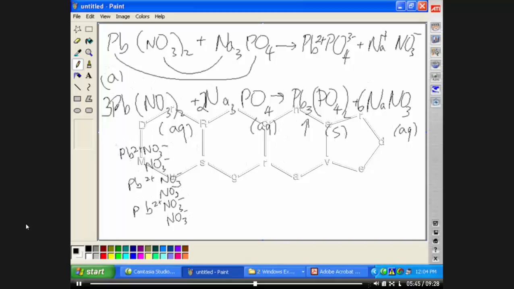We've got 3 of these entire things here. So if I was to see how that splits up into ions, that would split up into 3 Pb2+, see, 1, 2, 3, and 6 nitrates. That's 1, 2, 3, 4, 5, 6. And so that's how it works. That's how you figure out how these things split up into ions.